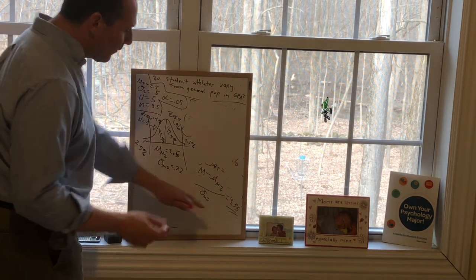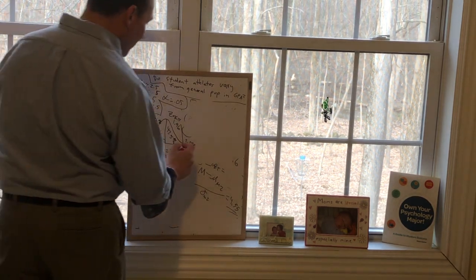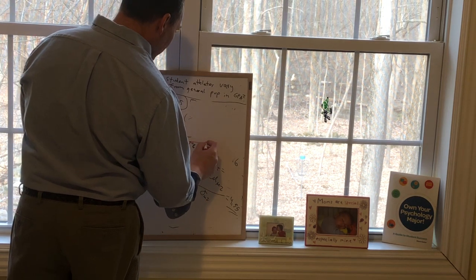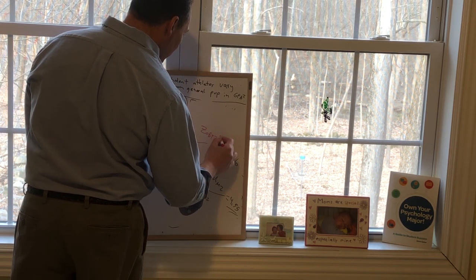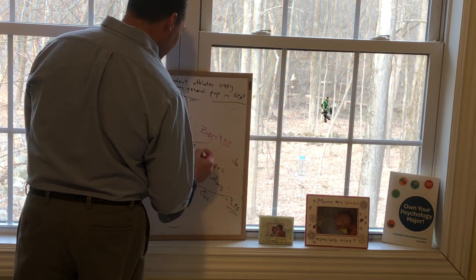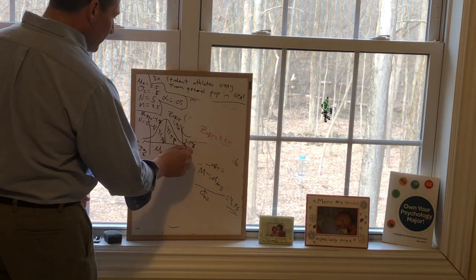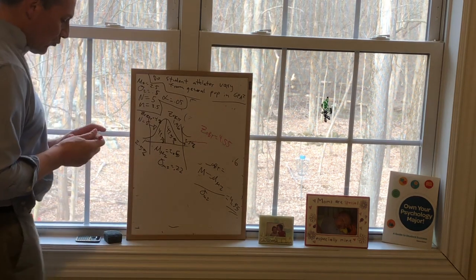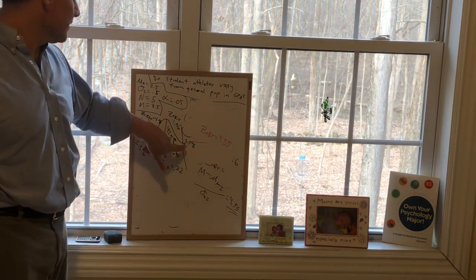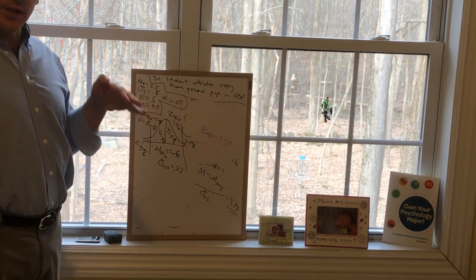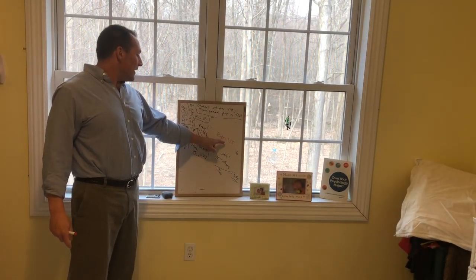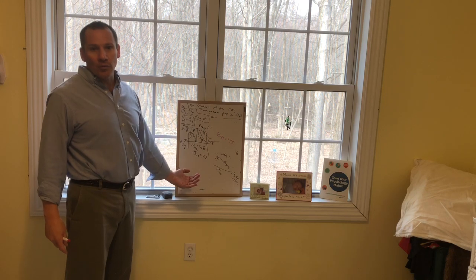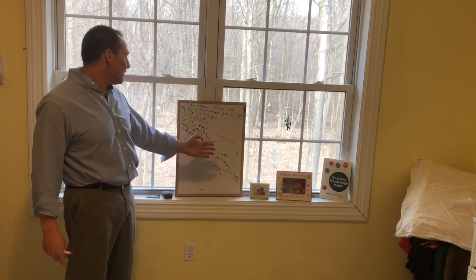A Z of 4.55 is almost off the charts, right? Remember, there's these two regions called the alpha region that we're defining as extremely unlikely to be due to chance. Our Z obtained is huge. 4.55 is like off the charts.